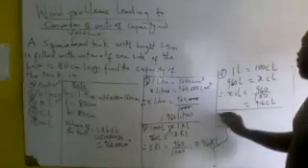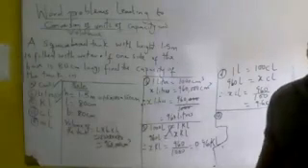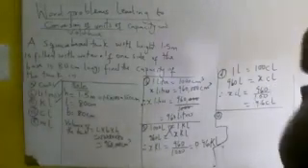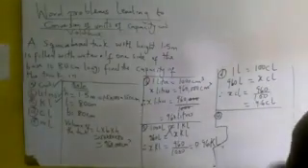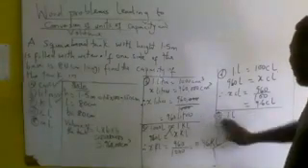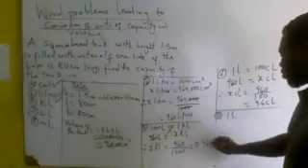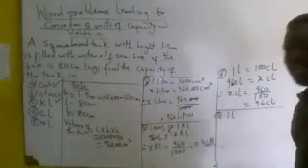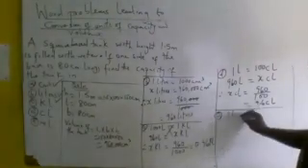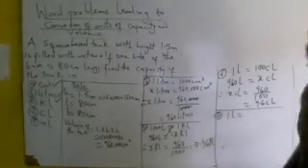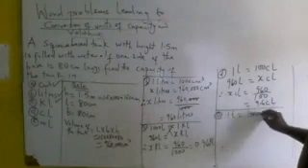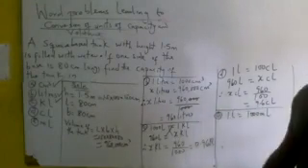Then the last part is that of milliliters. What's the relationship? 1 liter is equal to 1,000 milliliters. Milli means 1,000.